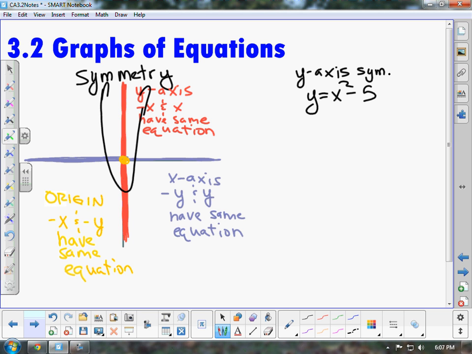So if you substitute in a negative x to this equation, when you take a negative and square it, you would still get x squared minus 5. And now, since those two things are the same, they're symmetric to the y-axis.